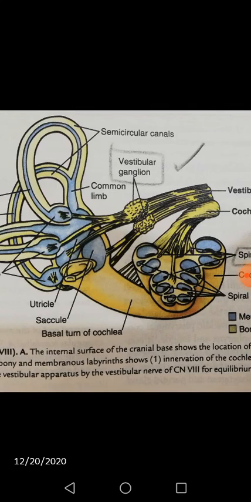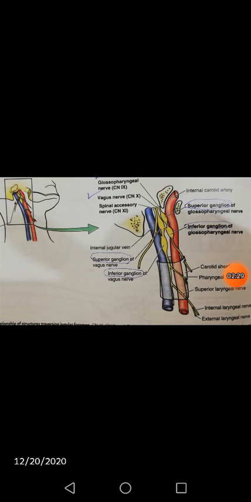And then you can see the vestibular ganglion, containing again bipolar neurons of the vestibular division of the vestibulocochlear nerve. Again, this is the 8th cranial nerve.